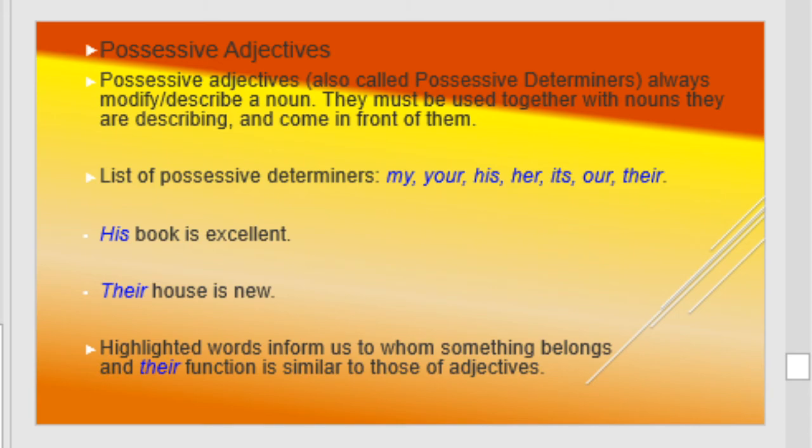His book is excellent. Their house is new. The highlighted words inform us to whom something belongs, and their function is similar to that of adjectives. Like, your book is so beautiful.